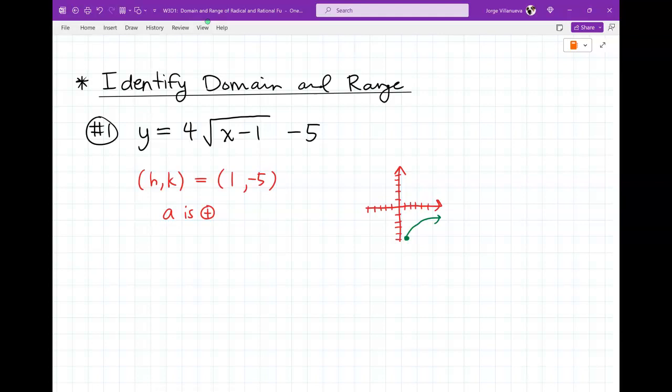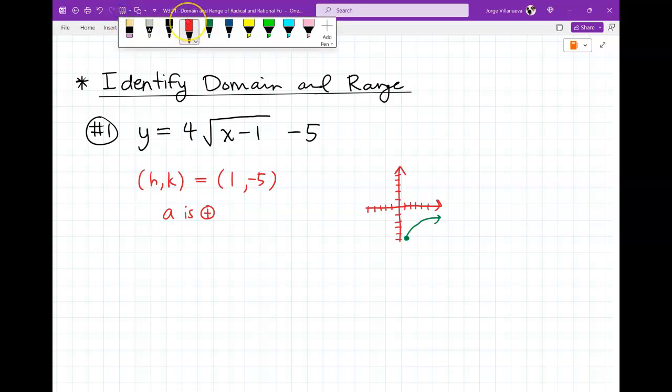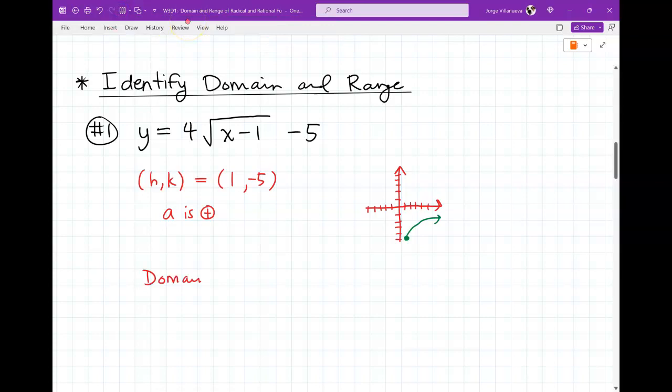All right, now that I've done that, now I get to write down my domain and range. So domain. How far left is this graph? So when I look at it, how far to the left did it go? My x values. 1, right? How far right did it go? To positive infinity. Can it ever touch positive infinity?